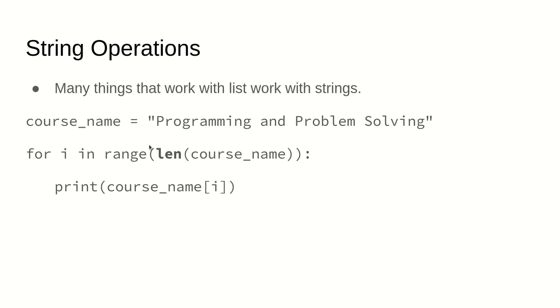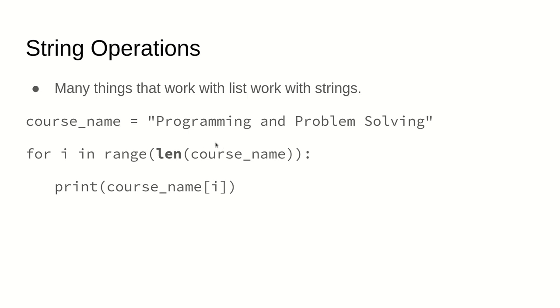list as well. I can ask the length of a string with the same exact function name as I use for the length of a list, len, and then parentheses, and then the name of the string variable. And so here I'm also printing out each character from the string course name, but what I also have available is the index that that character lives at.